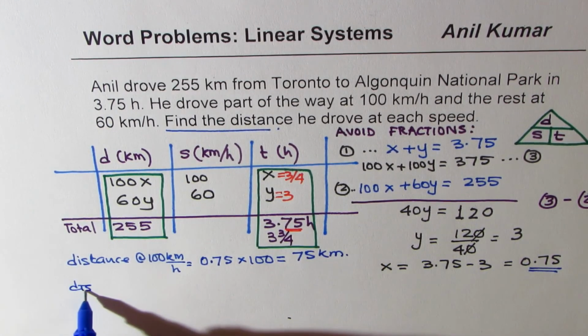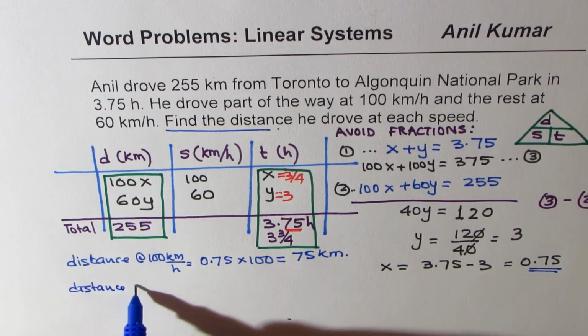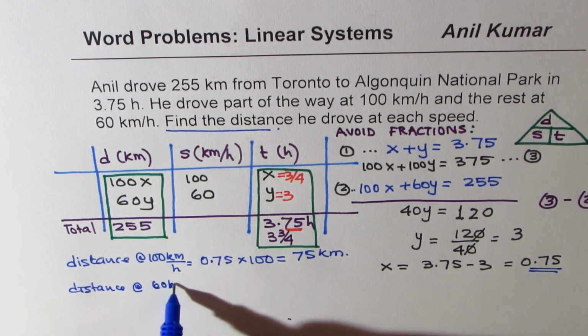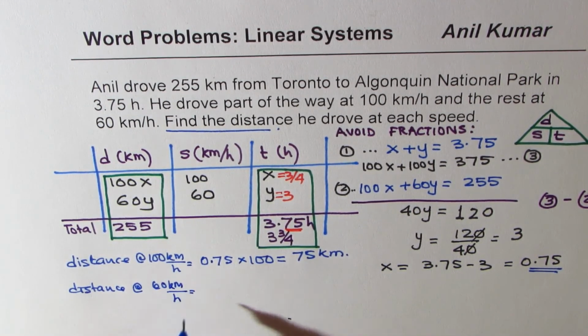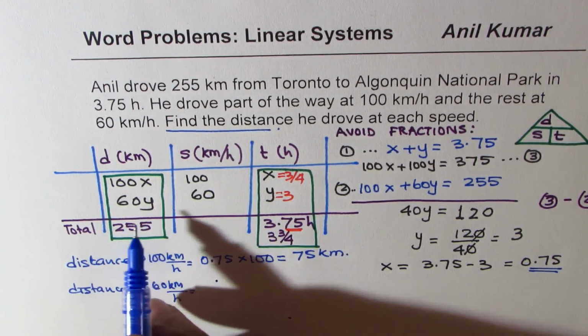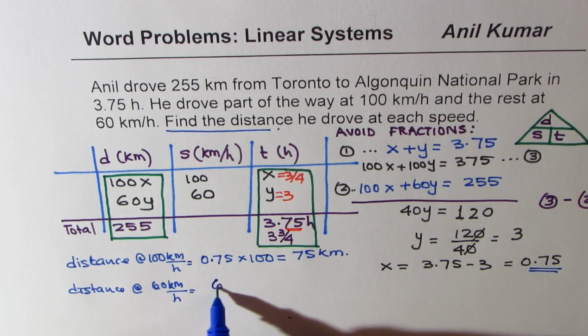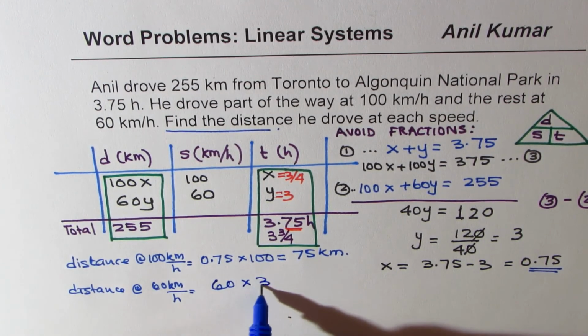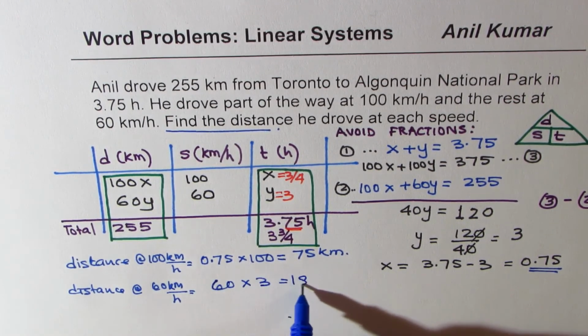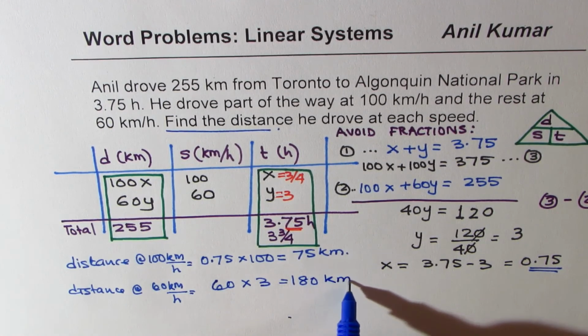And distance at 60 kilometers per hour is how much? Time taken, y is 3, right? So it is 60 times 3, which is 180 kilometers.